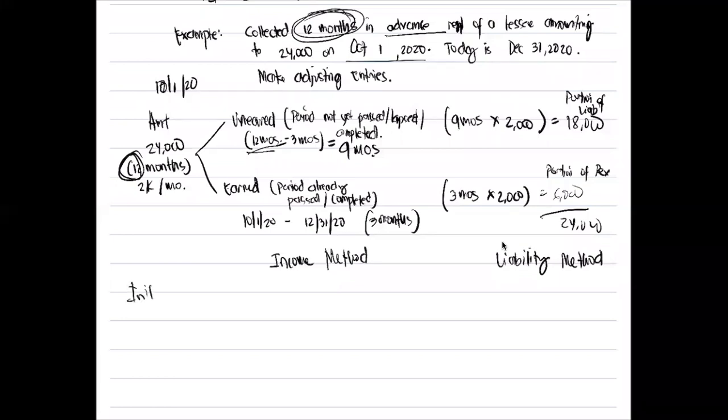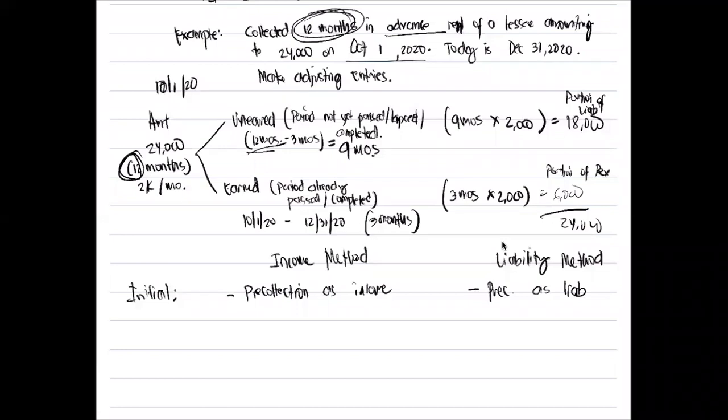At the initial measurement, initial recognition, under income method, the pre-collection is recorded as an income. And under liability, the pre-collection is recorded as a liability.